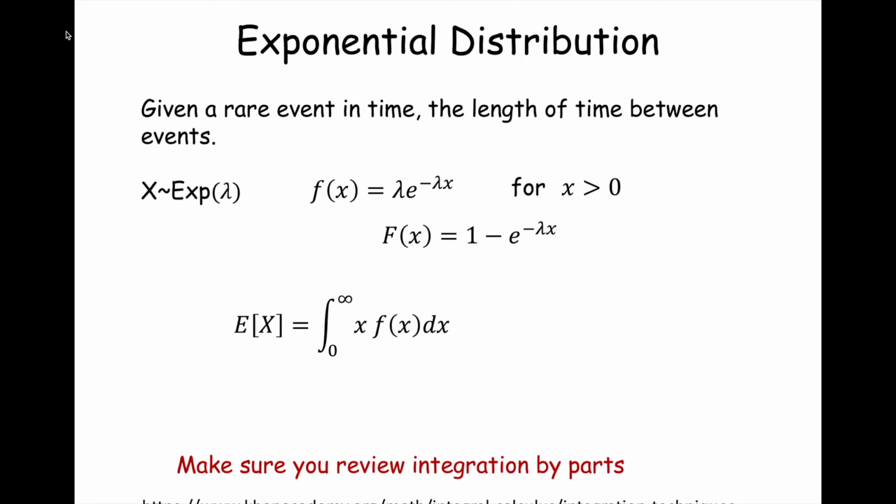So that means our g of x is going to be the integral of e to the minus lambda x dx. Now, of course, we can do a u substitution. If we do the u substitution, we get minus 1 over lambda e to the minus lambda x, because for e to the u, the integral is e to the u.